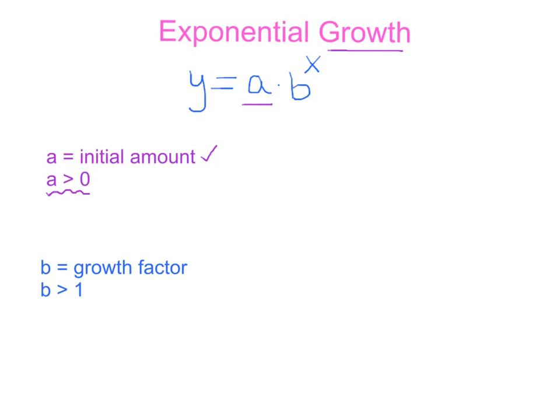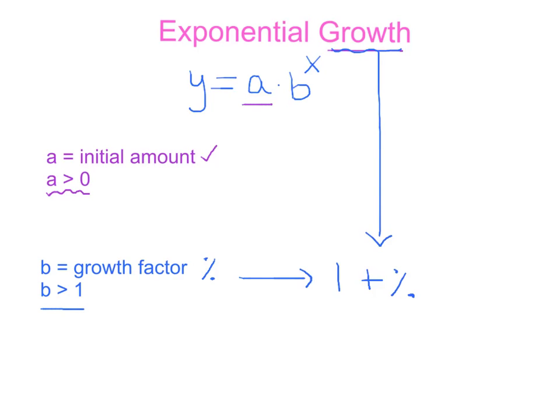And then b is the growth factor, usually the percentage that something is increasing. For it to be growth, the b value has to be greater than 1. I just want you to write down a little side note, and this will make more sense once we start a story problem: if we are working with growth, to find our growth factor when dealing with percentages, we will always be doing 1 plus whatever the percentage given is.